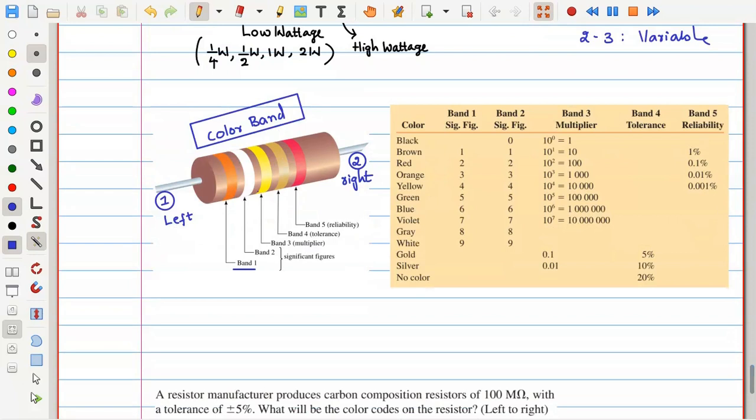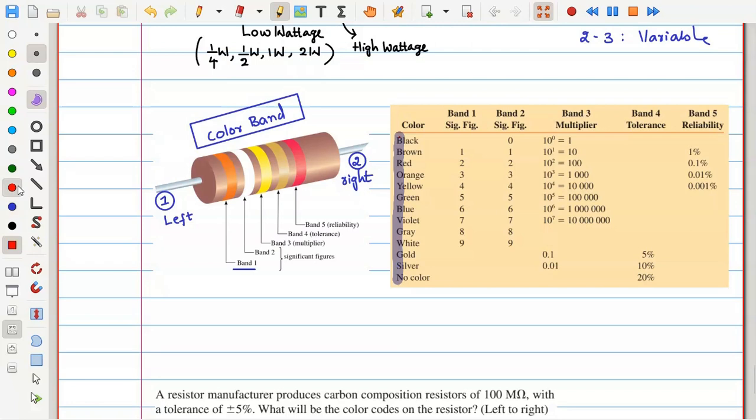So based on these color bands and their positions, manufacturers and people all over the world have a standard of numbers for these color bands. What we could see is that mostly these kinds of bands are black, brown, red, orange, green, blue, gray, and gold, silver.